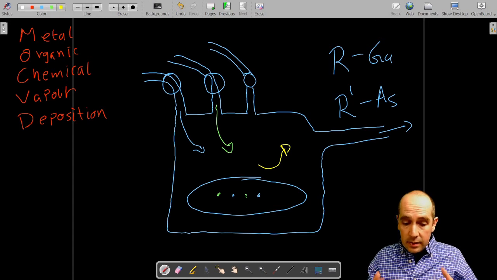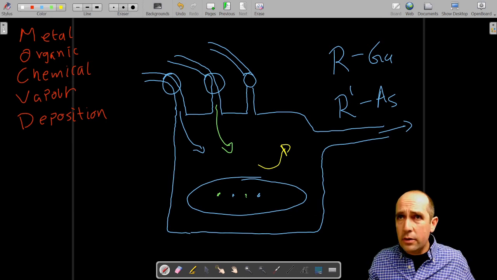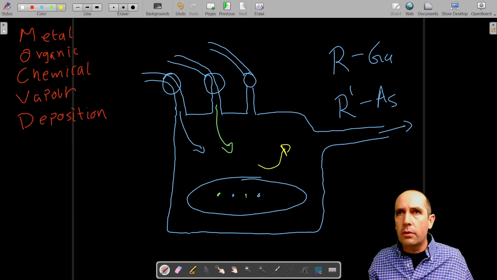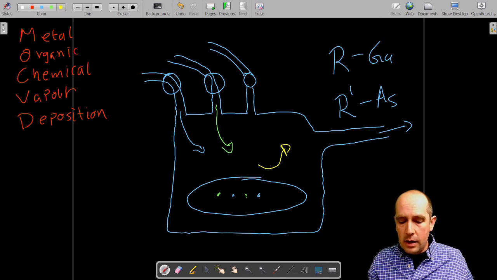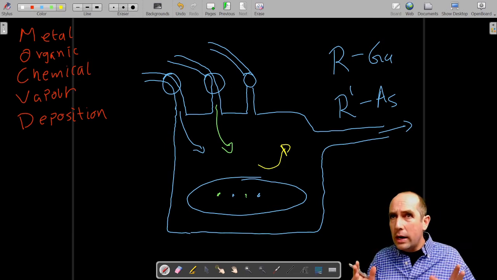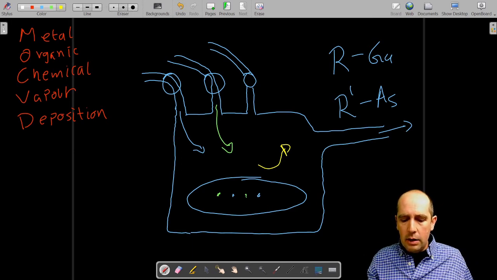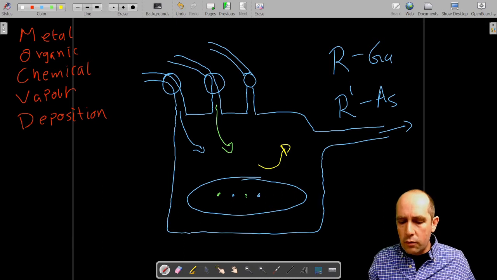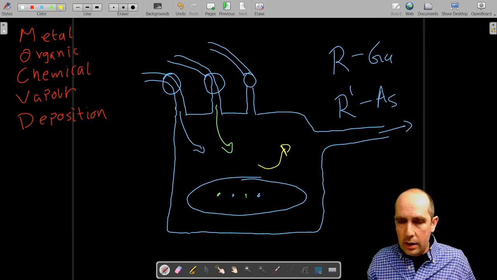And this is something that can be done at much faster speed, so it's more compatible with industrial production. One of these reactors is also less demanding in terms of the quality of the vacuum and many other aspects. So some of these types of MOCVD machines can be found in smaller research labs, and also are used in many industrial processes to produce layered structures.